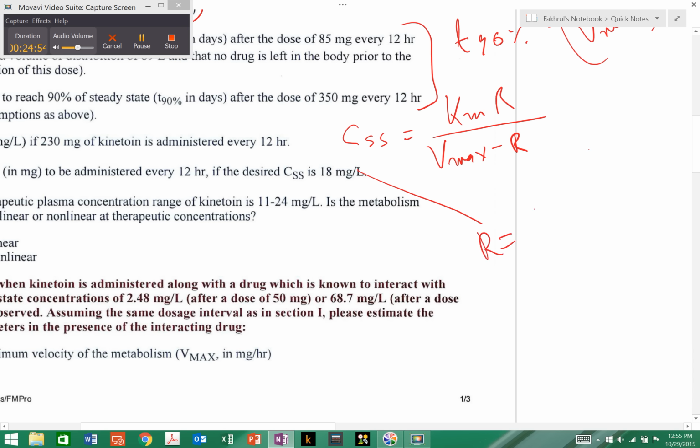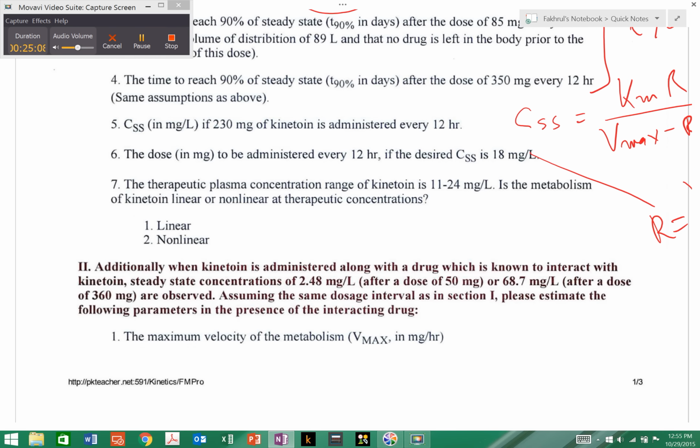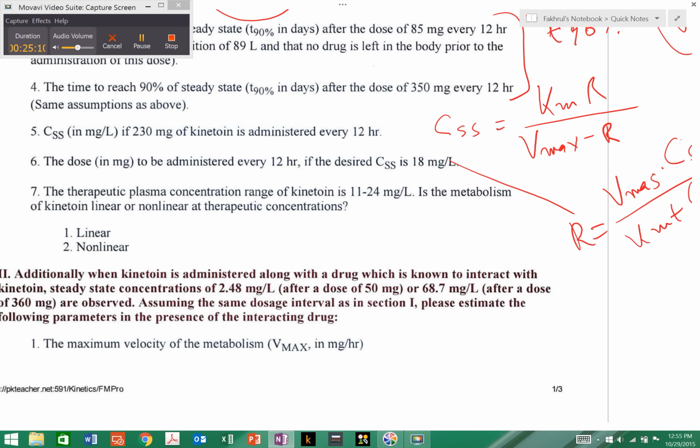R is equal to Vmax times CSS divided by Km plus CSS. And here you will just use your brain a little bit and answer, because this concentration is above Km. So when the therapeutic concentration goes above Km, it is not going to follow linear kinetics, it is going to follow non-linear kinetics.